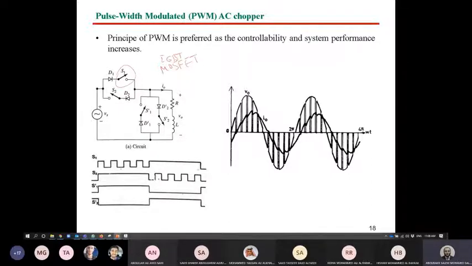The difference is that IGBT and MOSFET can work at very high switching frequency, and this is going to make the circuit very fast. And if the circuit is very fast, the response of the circuit will also be very good, which means you have lower harmonic contents.